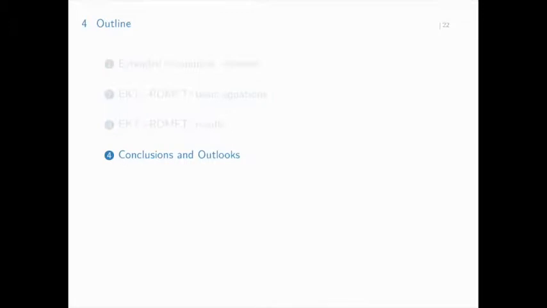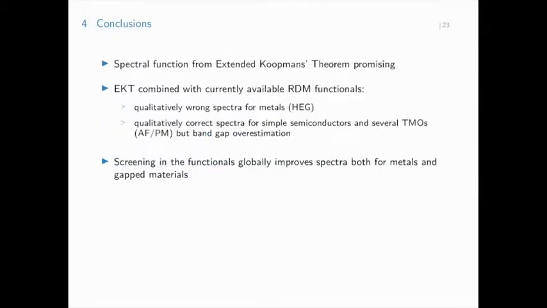So to summarize, I presented the extended Koopmans' theorem as a promising tool to calculate photoemission spectra for solids. This in principle can be done within different theoretical frameworks, but here I focused on the combination of the EKT with the reduced density matrix functional theory, and I showed you how removal and addition energies can be obtained from the one-body and two-body reduced density matrices.